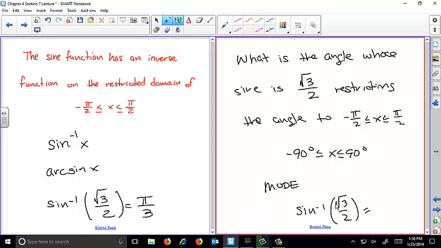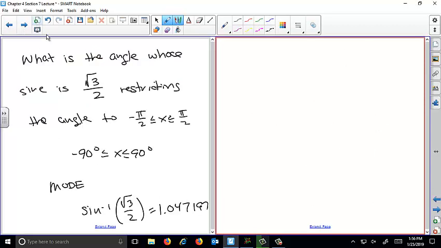But if I change the mode to radians, which I forgot to do, and I do the inverse sine of the square root of 3 divided by 2, I get 1.047195 and so on, which doesn't look like pi over 3. But if we take that number, divide by pi, and leave it in our calculator, we don't write it down because we'd lose accuracy.